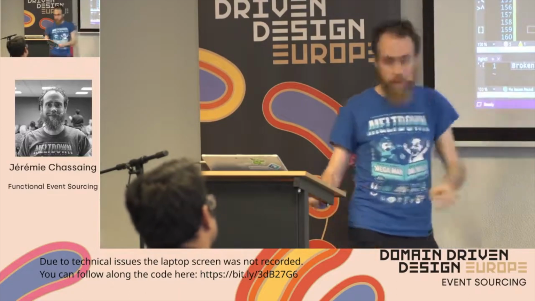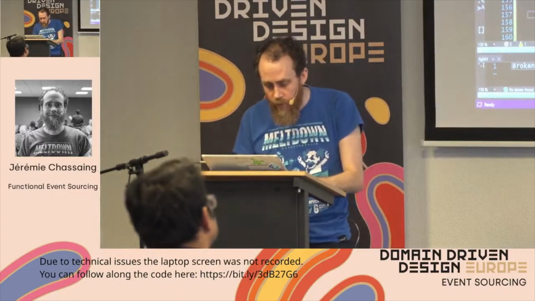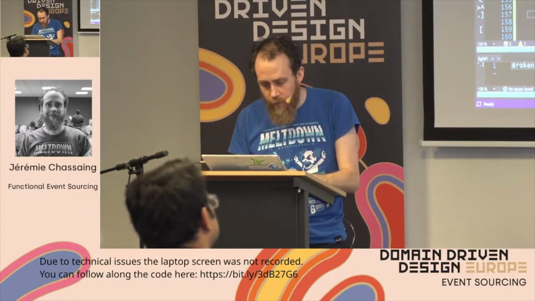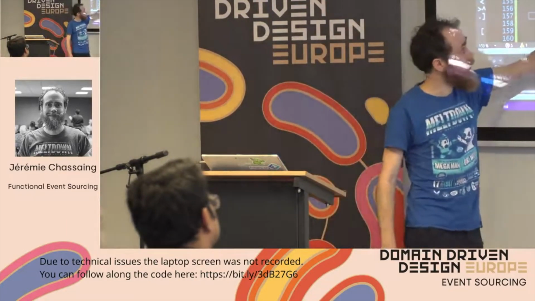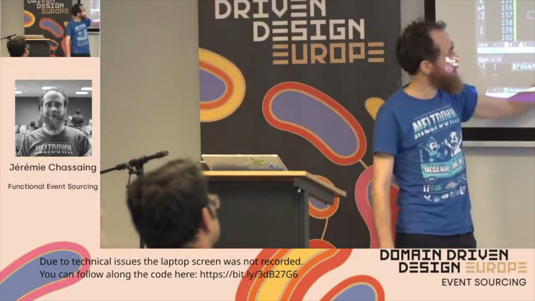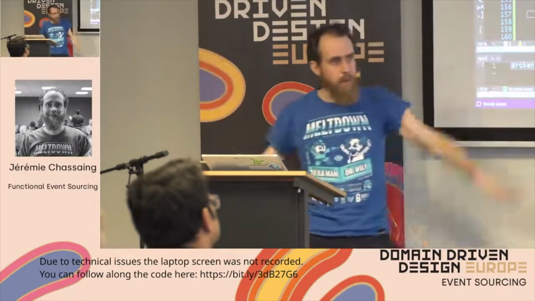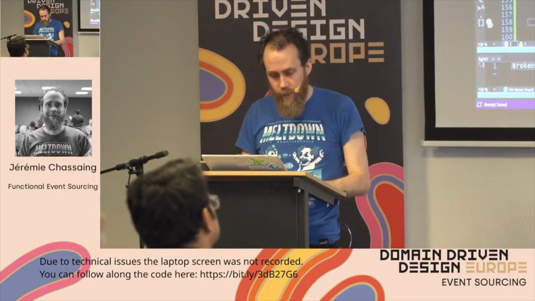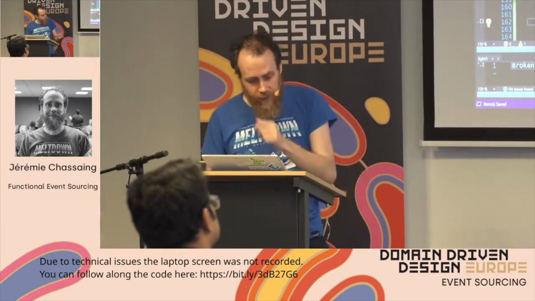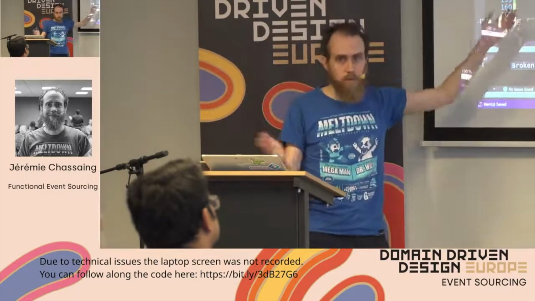I fold them, oops, I remove the evolve initial state part. Yes, like that. So I fold them, I get my state, I decide, I get some events, I save the events. I'm done. I'm just publishing by calling the for each publish again at the end. Here, it's really easy.